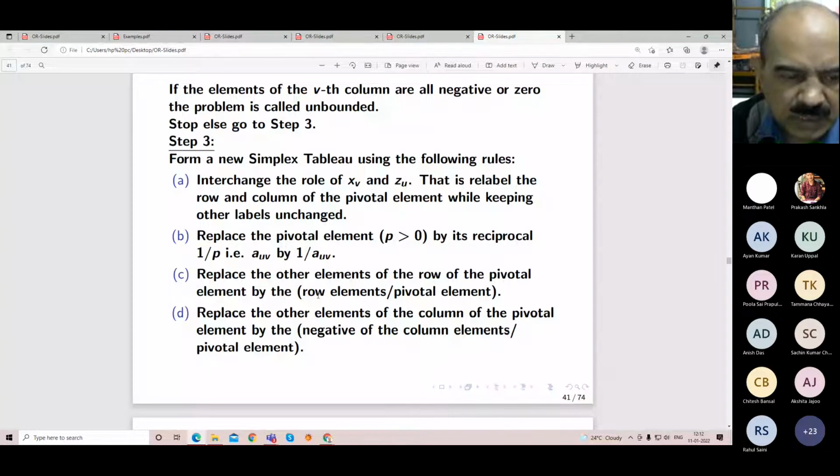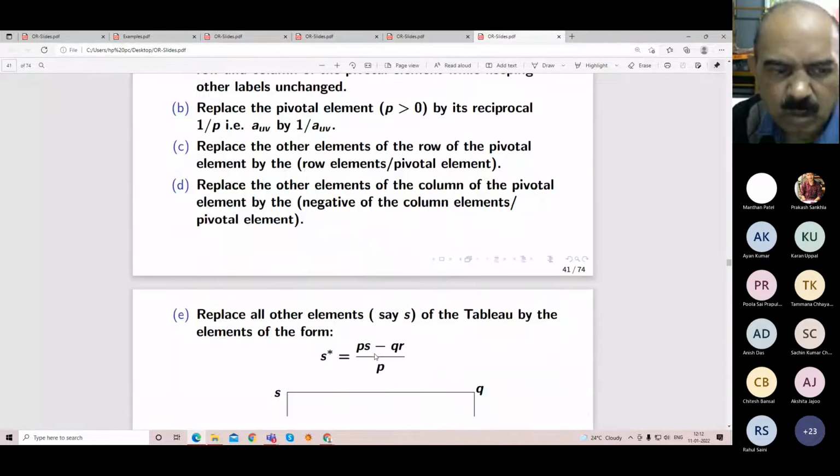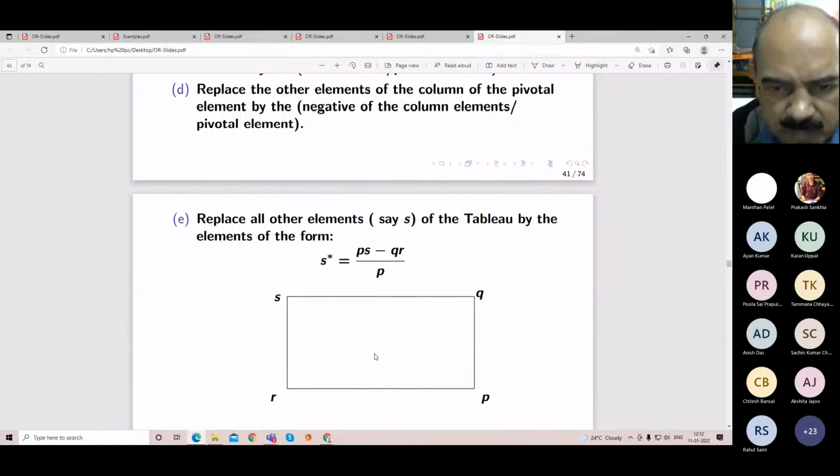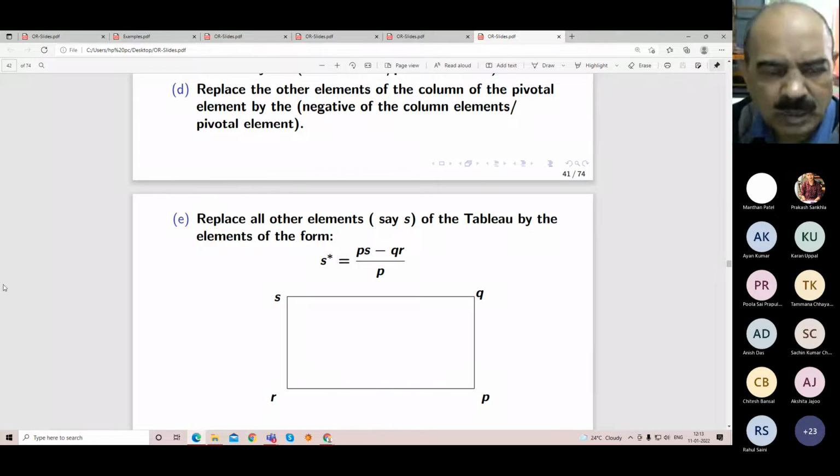Then we move to step 3D: replace other elements of the column of the pivotal element by the negative of the column element divided by the pivotal element. Finally, other than the pivotal element, the row elements and the column elements, there are several other elements. We will compute those in this manner.